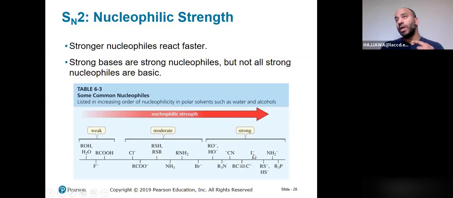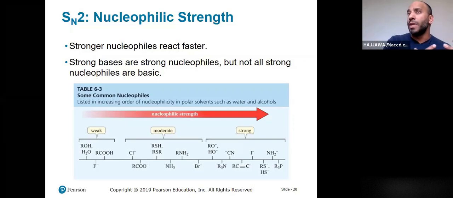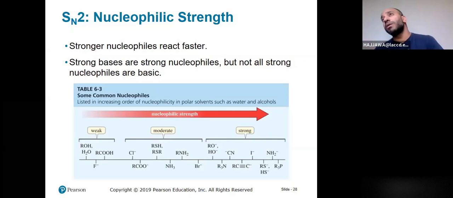I- is a stronger nucleophile than RO-, even though HI is a stronger acid than alcohol, meaning I- is a weaker base than alkoxide. And the weaker the base, it doesn't mean the less nucleophilic it is. Why? Because there is a difference between nucleophilicity and basicity.